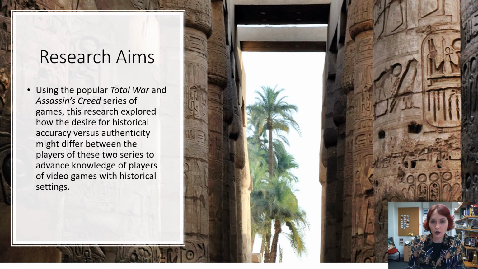So how did Total War players value accuracy and authenticity, and how did Assassin's Creed players value accuracy and authenticity? And these two game series were selected because of their long-running and popular nature, which means their players would have had likely sufficient time to play the games, familiarise themselves with them, and analyse their historical content.